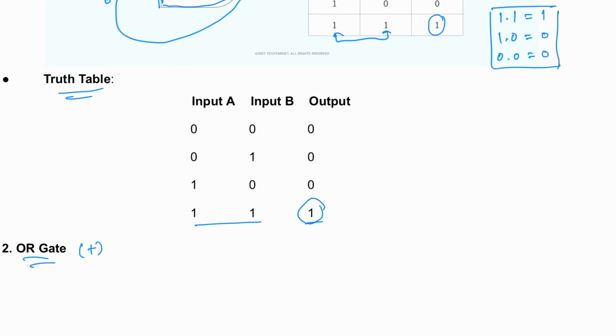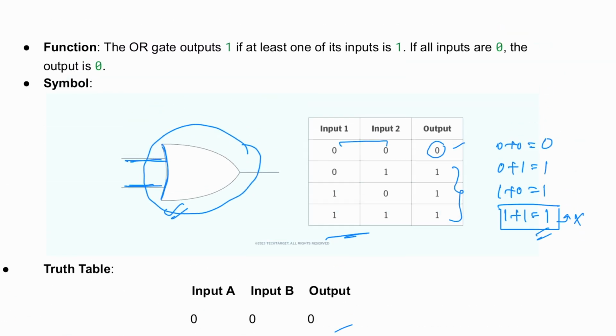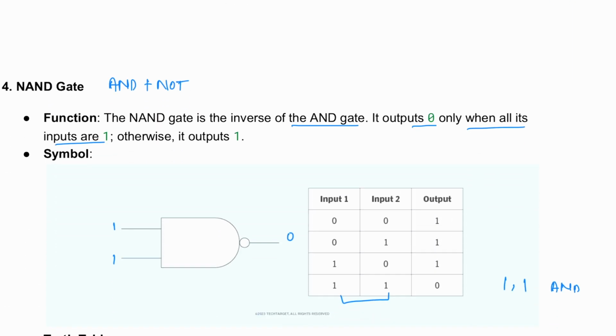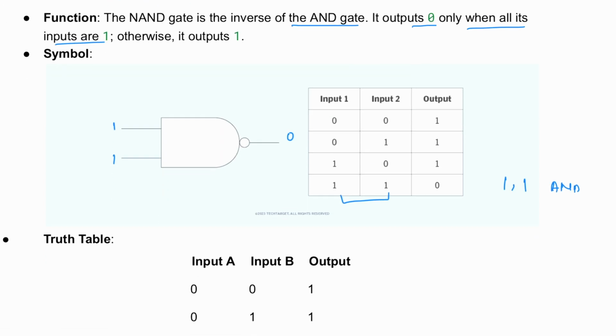The output is 1. For the NAND gate, we have a NOT gate after the AND gate. So the output was 1, it complements it, it came to 0. So this is what is telling us that if both the inputs are 1, the output would be 0.